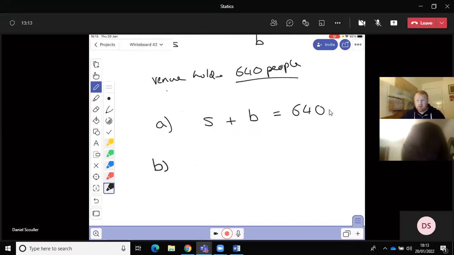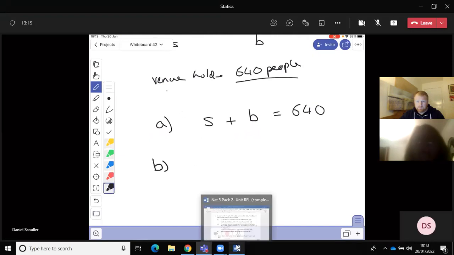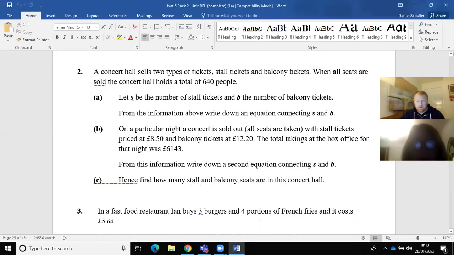Part B is slightly trickier. On a particular night, the concert is sold out. All the seats are taken. Stall tickets are priced at £8.50. Balcony tickets, £12.20. The total takings at the box office is 6143. Now, what might throw you is that there's nothing to say anything about money in that first part of the question.